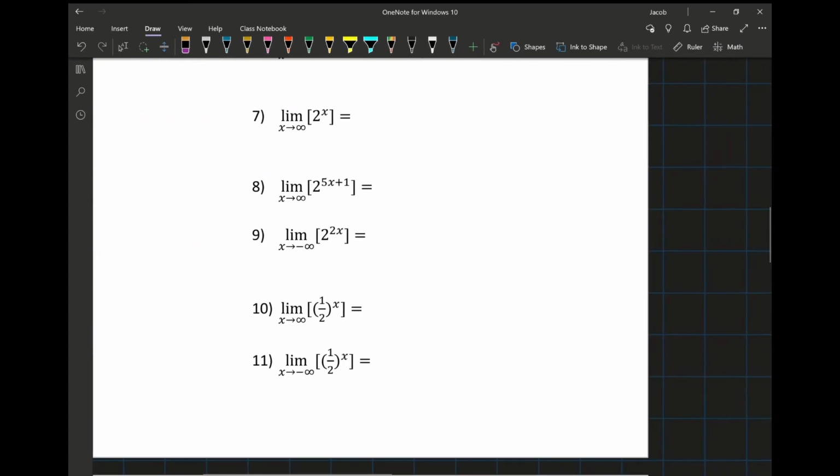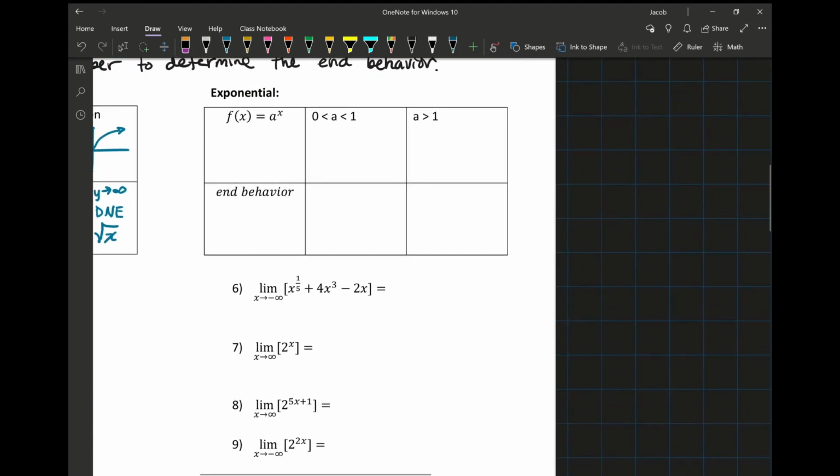Cool. So let's look at how exponential functions work. If we take this equation, f of x equals a to the x, and we sketch a little thumbnail, that will produce a decay exponential graph.